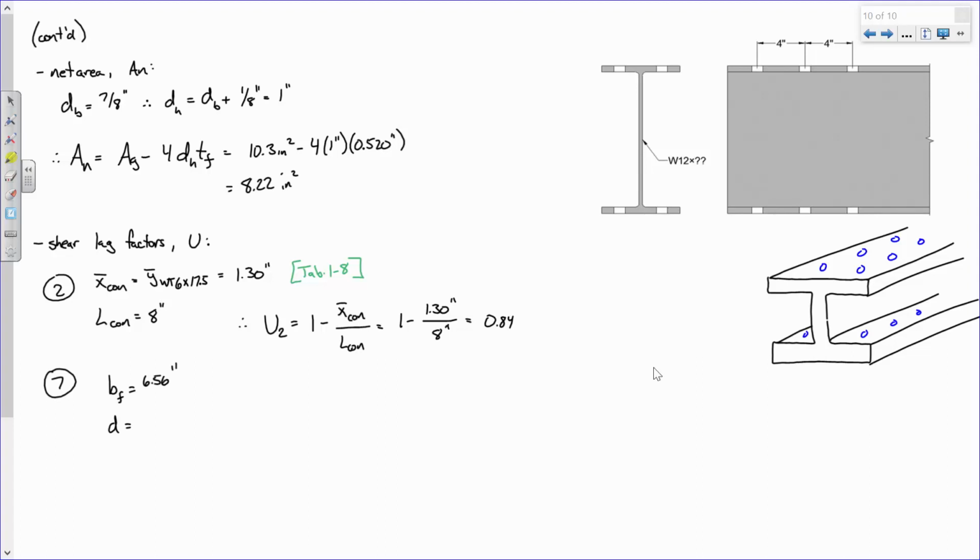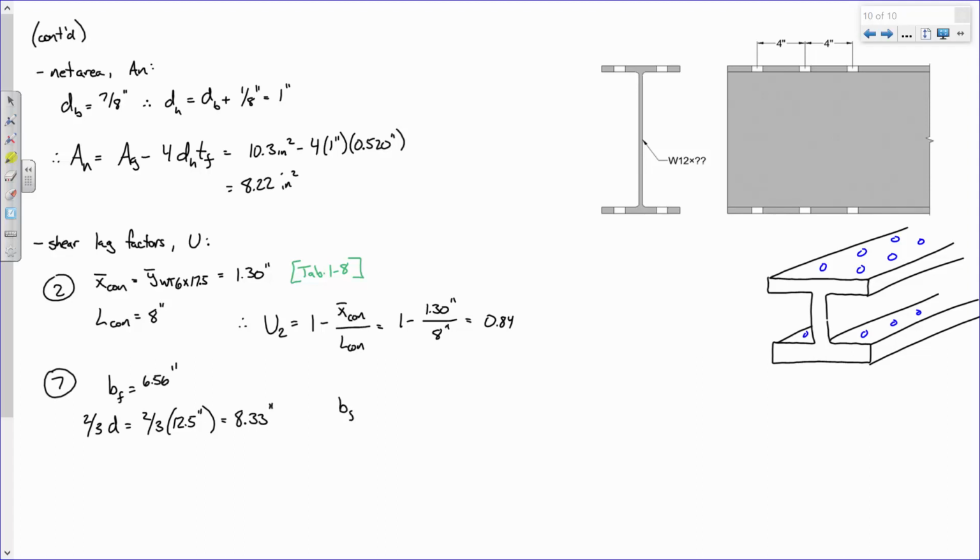And instead of D, I meant 2/3 of D. 2/3, and I think that was 12.5, so probably 8 something. 8.3. Is that it? Yes. Okay.